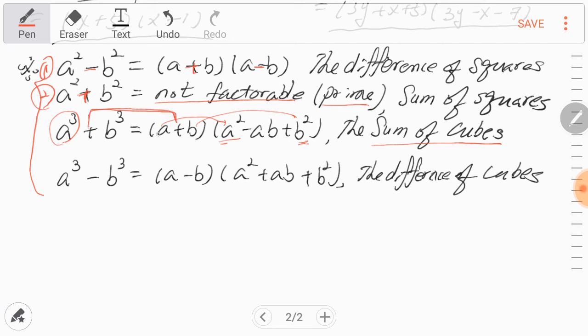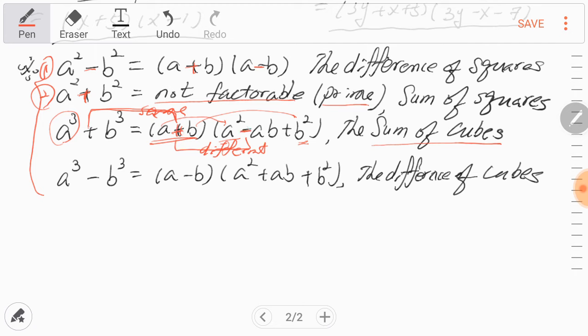Then a plus b is the same sign, and the second term in the second parenthesis is a different sign. So when we factor the sum of two cubes, it is a plus b times, there are three terms in the second parenthesis, a squared minus ab, a different sign from this one, plus b squared.